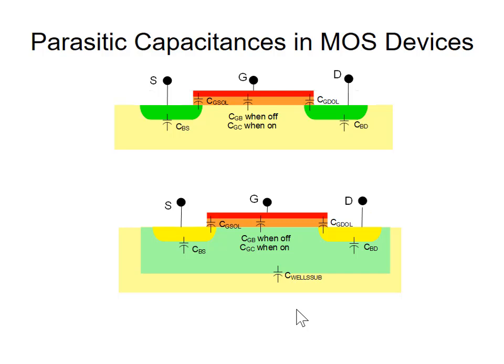We could write down expressions for all these capacitors in terms of the area and the perimeter. And if you look at the PDK for any process, they will have the capacitance density of all these capacitors. Okay? So it's pretty easy to determine what these capacitors are. Wow!